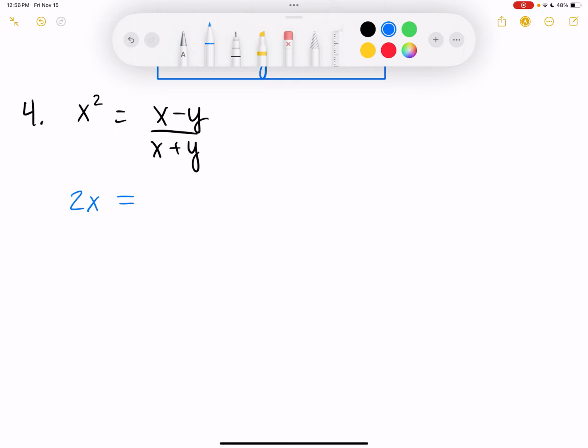The derivative of the top is 1 minus y prime.